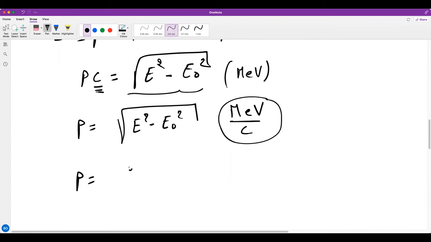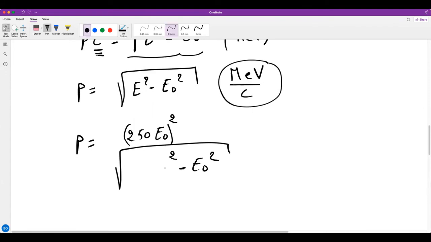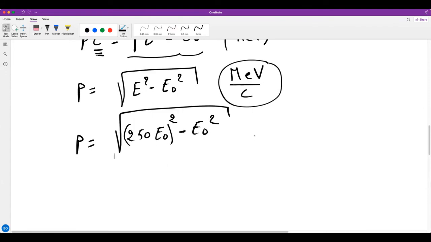We know that the total energy is 250 times the rest energy, so we take that squared minus E0 squared, and you can easily do the calculation.